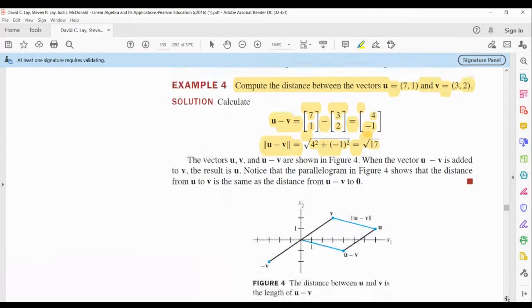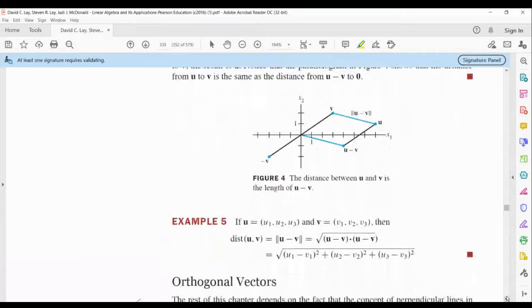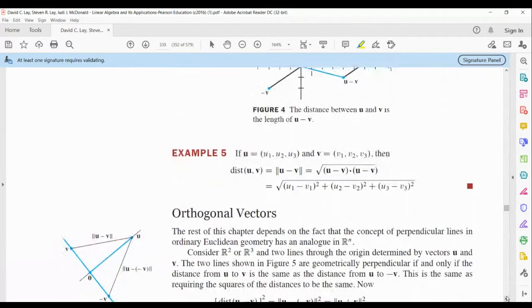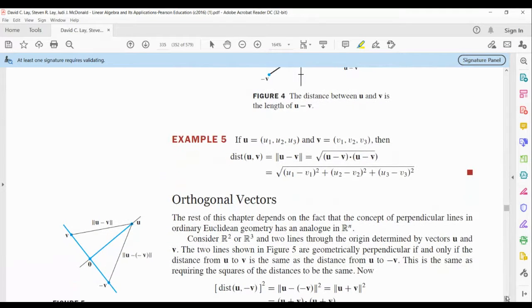If you're good with that, let's keep going here. Then if you have two vectors, here's the distance between vectors u and v, and oh my goodness, distance formula, right? All right, no problem. Let's keep going if we're good.